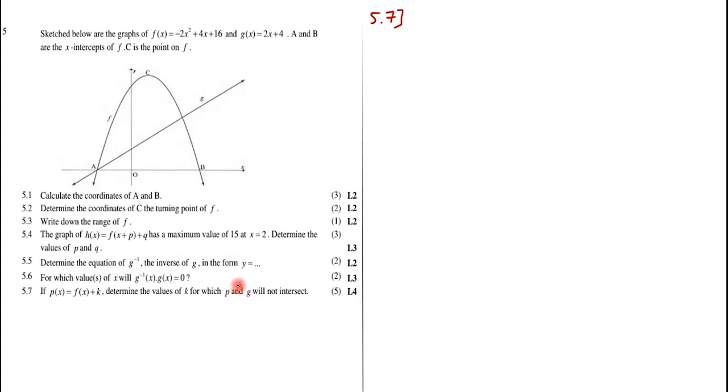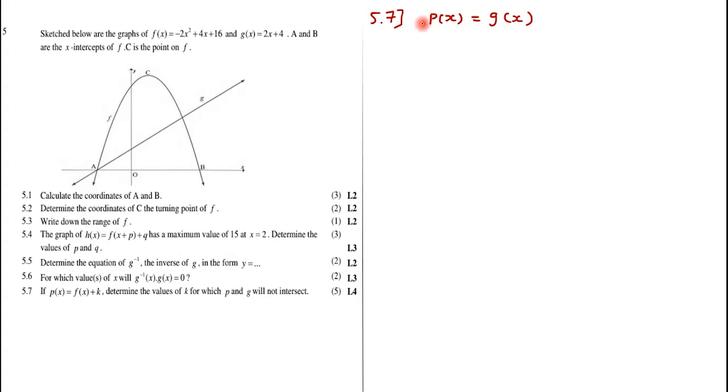The easy way to do that is to equate the equation of p of x with the equation of g of x, and from there we need to find the nature of the roots, where the roots will be undefined, because if the roots are undefined, it means they won't touch each other.